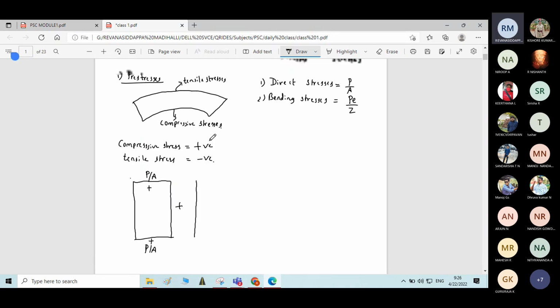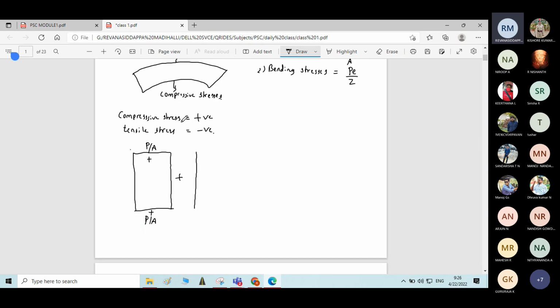The bottom fiber is subjected to compressive stress. Compressive stress is represented by a positive sign. Positive sign means on the right of the reference line. What is the amount of stress caused? It is plus PE by Z.